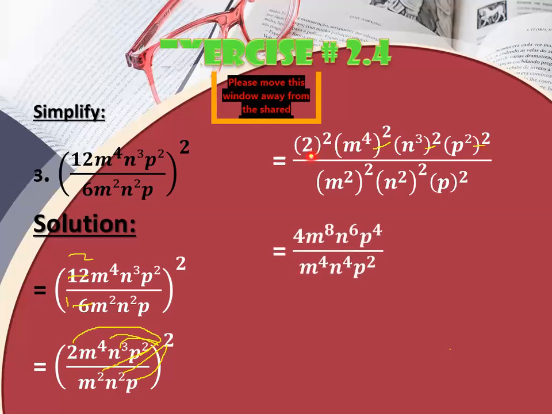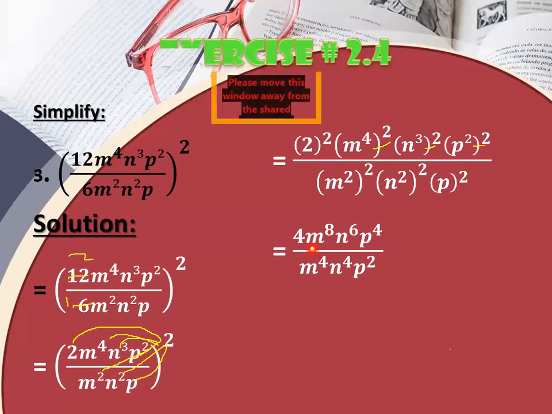The square of 2 will be 4, 4 multiplied by 2 will become 8, then n, 3 multiplied by 2 is 6, 2 multiplied by 2 is 4, then m, and 2 multiplied by 2 is 4, then your other base, that is 9, then 2 multiplied by 2 is 4, and then this is p square. Okay, now as you can see here, the bases are the same.